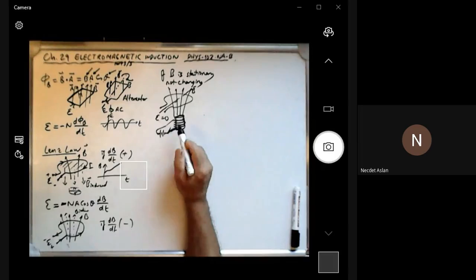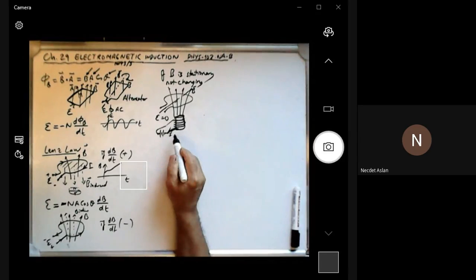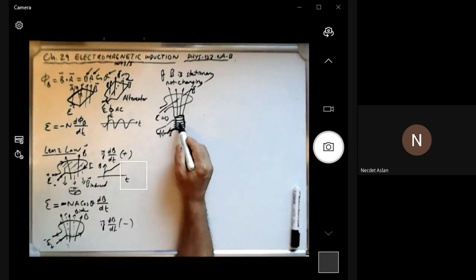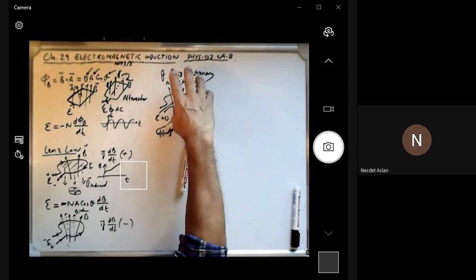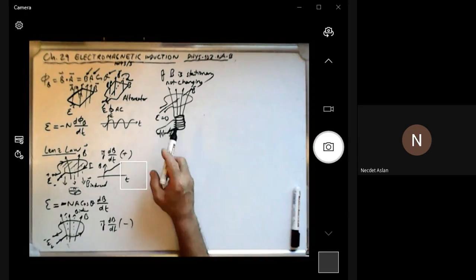If you just turn the switch on and off, push the button and then release, push the button and then release, in this case you can turn this magnetic field on and off. So this on and off thing will create an electromotive force.